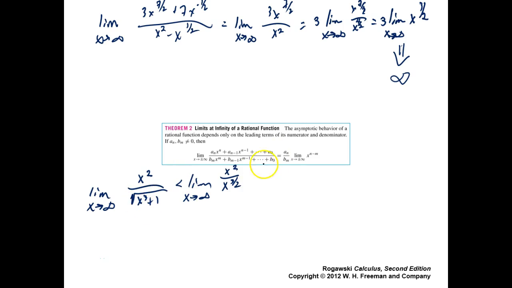Because the square root, and this would then be, again, 4/2 minus 3/2, the limit as x approaches infinity of x to the 1/2 power. And according to our very first thing, any n greater than 0, and 1/2 is greater than 0, that's going to infinity. Okay? So this is heading toward increasing without bound.